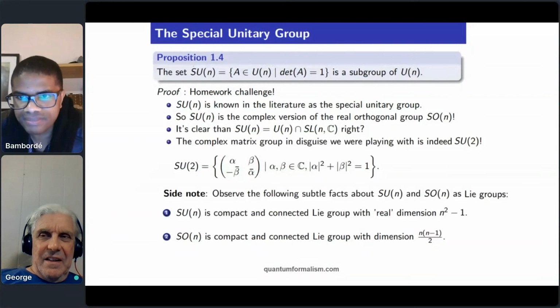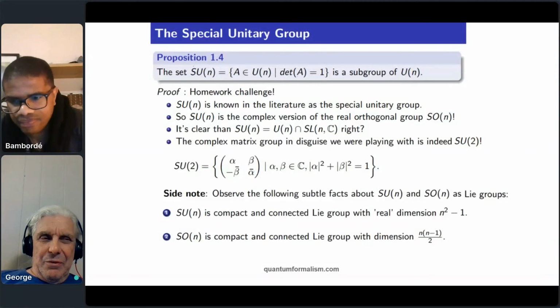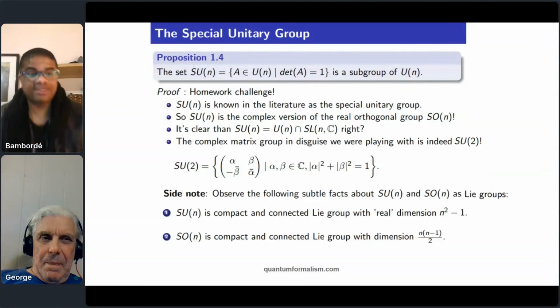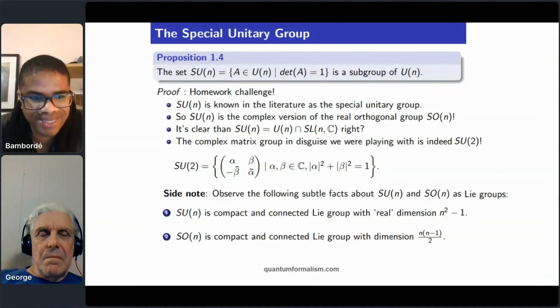Yes, I think, to help Amir out, we're referring to immediate parents. That helps. But it's an interesting question what the relationships are between the various subgroups, whether they're subgroups of each other and so forth. And there are other groups that we haven't covered that you will come across later in the Lie group stuff.